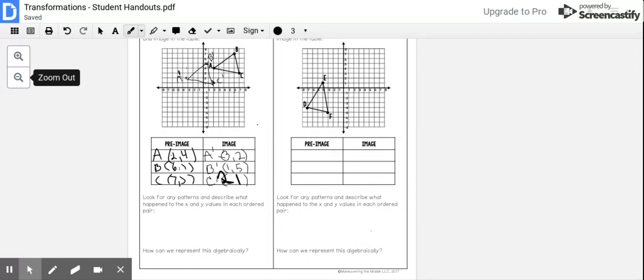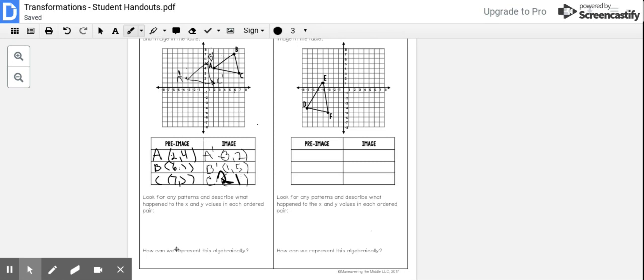So we want to look for any patterns to describe what happened to the X and Y values. So if you look, let's say at the Y values, you have 4 and it goes to 2. So we're subtracting 2. And then we had a 7 here, 5, subtract 2. Here we had a 3, subtract 2. So that was for the Y, and your Y-axis is your up and down.